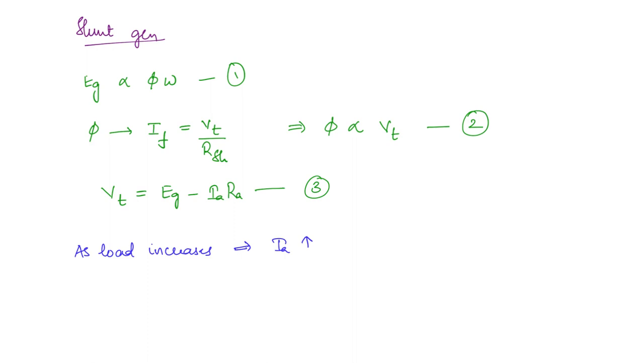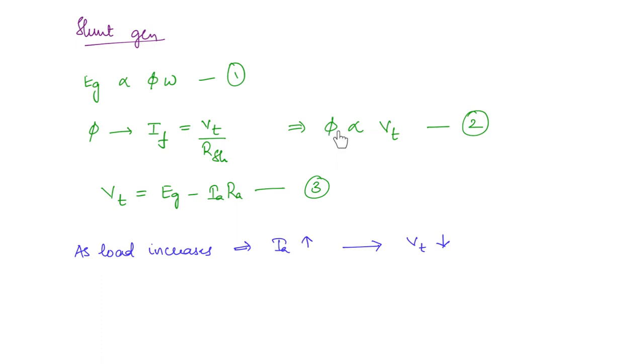Now what will happen when armature current rises? This is the only equation which has armature current, right? So as armature current rises, the drop across the armature winding is going to increase. So the terminal voltage is going to decrease, okay? So here you can write this implies that the terminal voltage will fall, okay? Now once terminal voltage falls, then what is going to happen to the field flux?